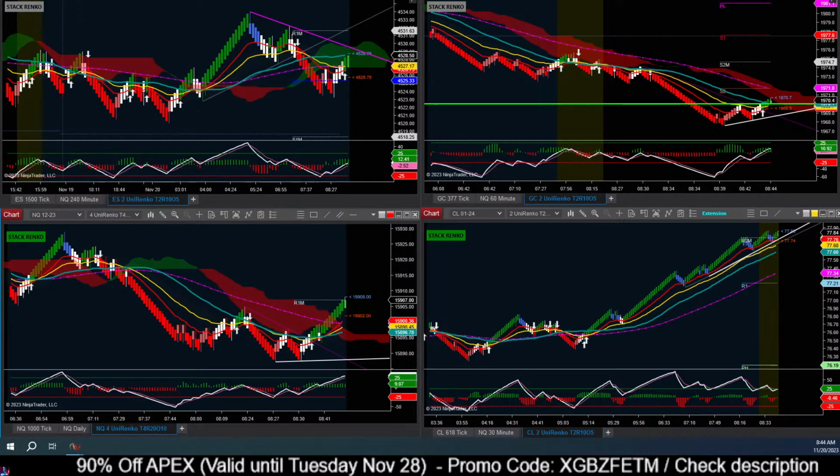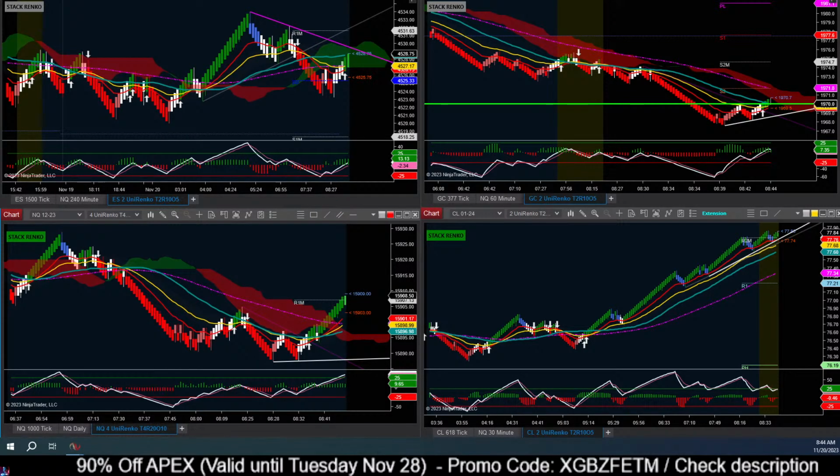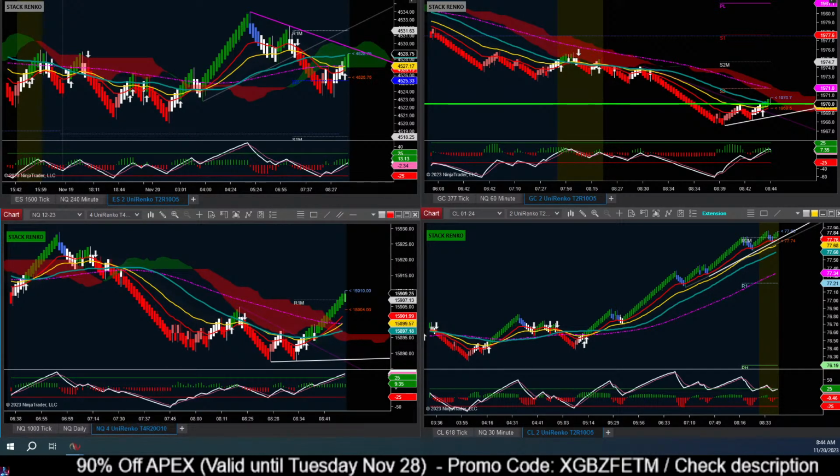Moving above the support area. Below the cloud still.